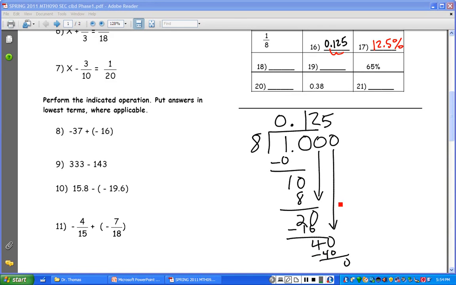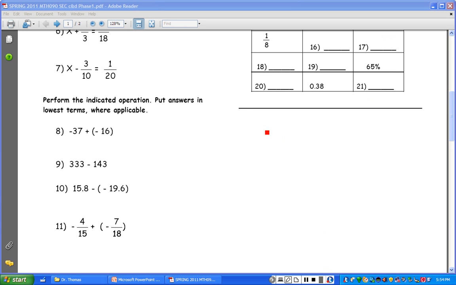Now let's move on to number 18, number 19. We have 65%. How do you change that to a decimal? Just go backwards. So 65% is the same thing as, with a decimal, 65 point.